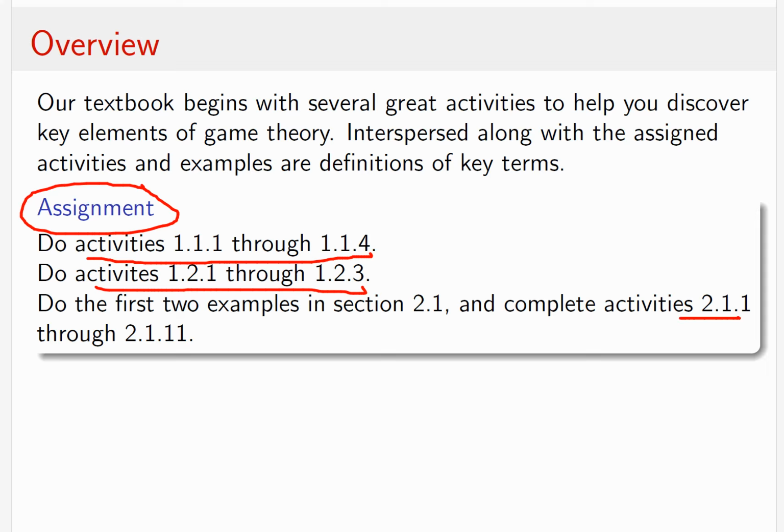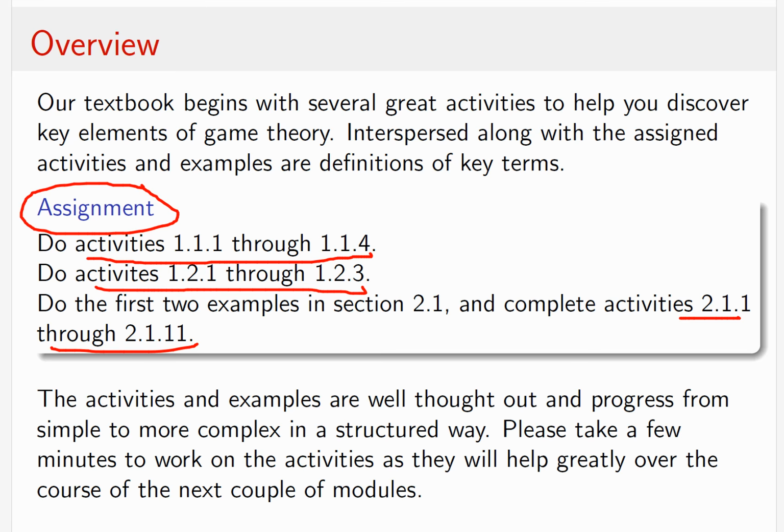And I know there are 11 activities in the beginning of chapter 2, but why am I suggesting it? Well, I just think it'll be helpful for you, right? First of all, the book is written from a discovery perspective, so the examples start off very simple, very straightforward, and then they add some additional complexity to demonstrate certain features of games that we want to focus on, right?